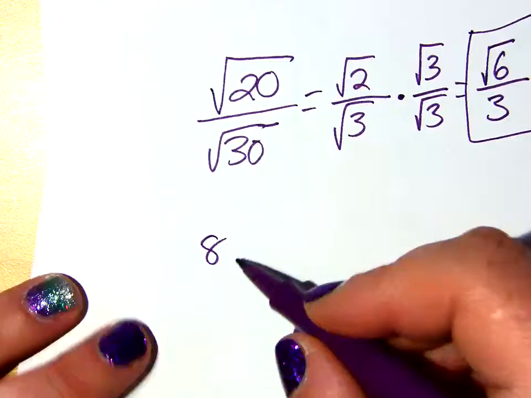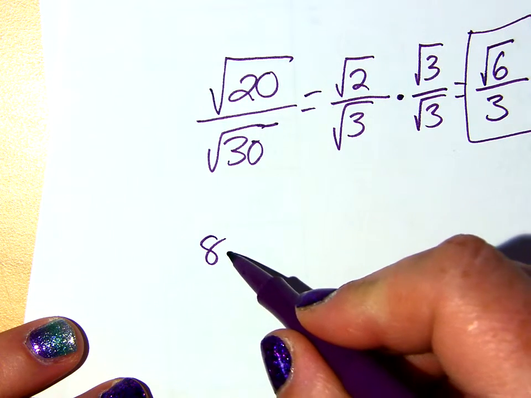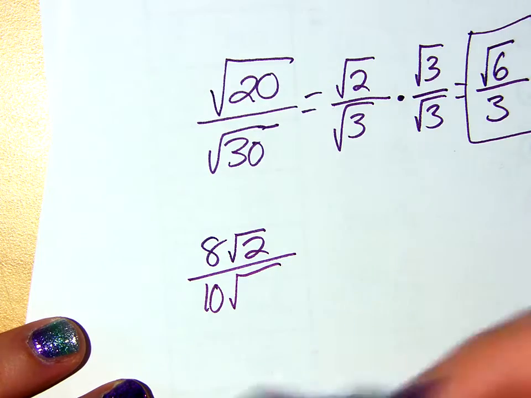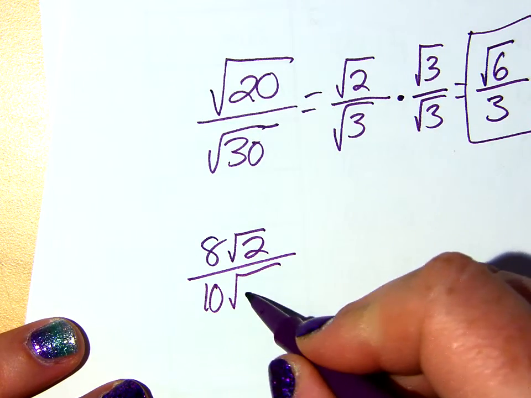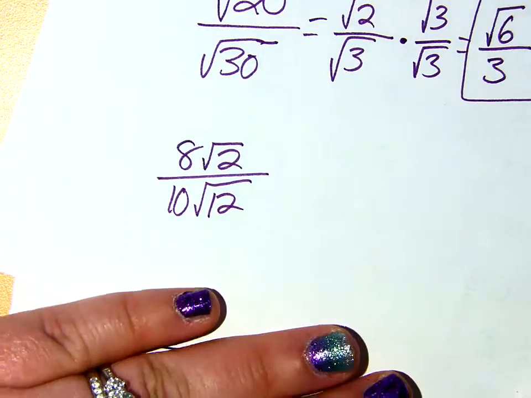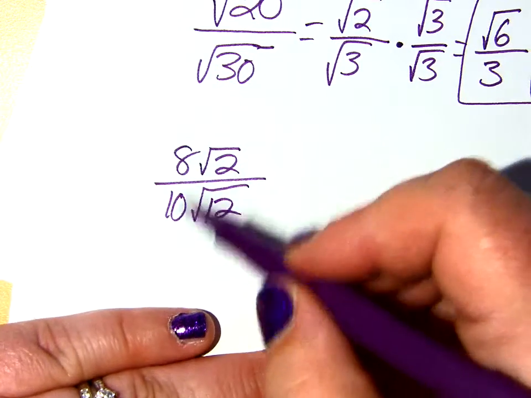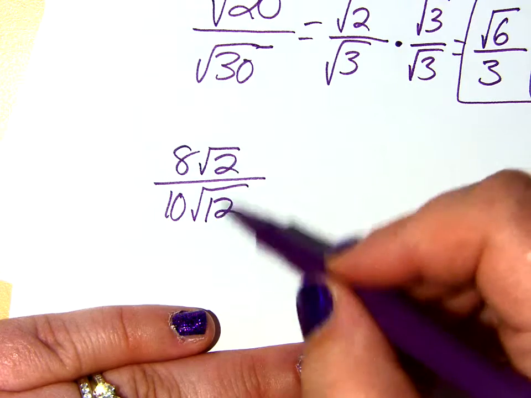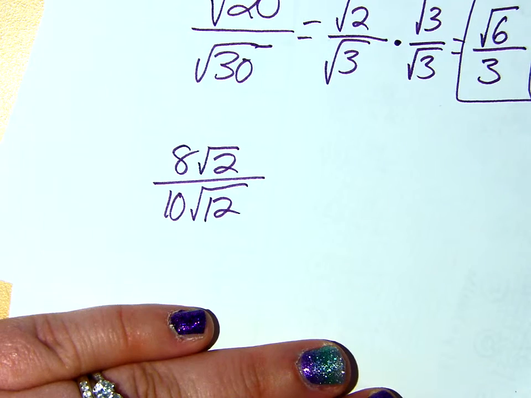Now what I can do, if I had something like 8 times the square root of 2 over 10 times the square root of, I don't know, 12, let's say. Here's what I can do. I can reduce the 8 and the 10 with each other because they're both not in a square root. I can simplify the 2 and the 12 with each other because they are both in a square root.